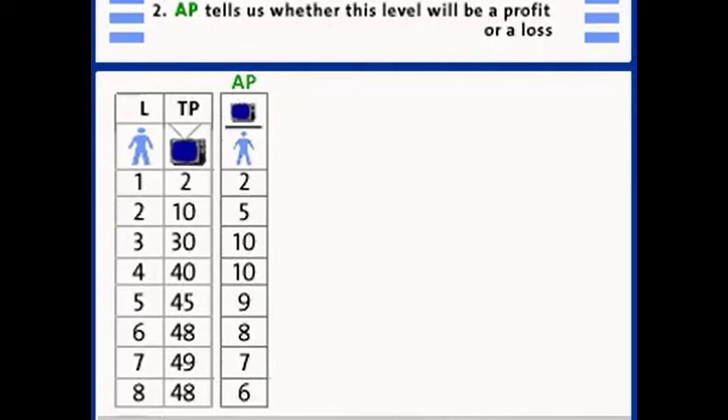These numbers represent the average product of labor for different levels of employment inside the firm. That is, for different quantities of workers hired and different numbers of televisions produced.